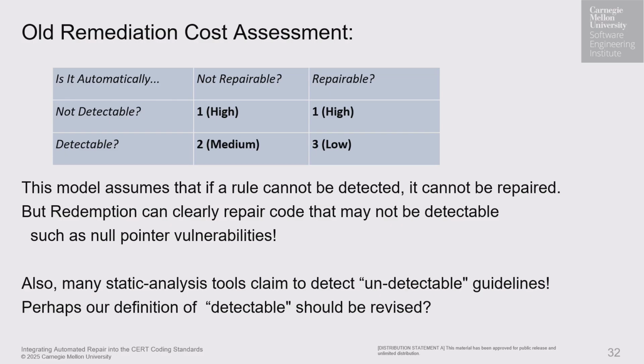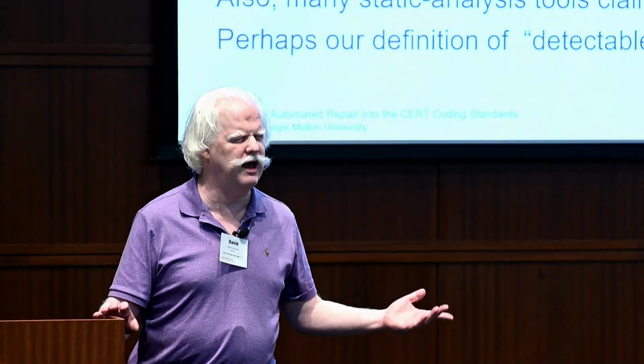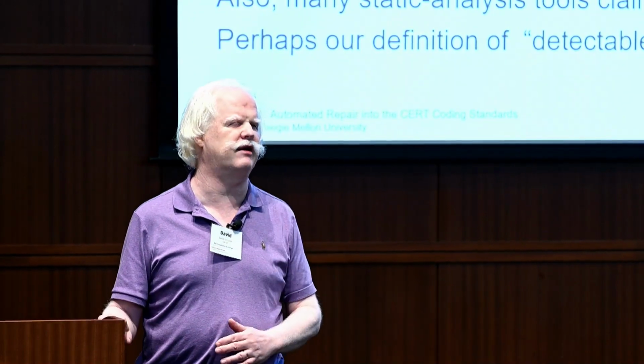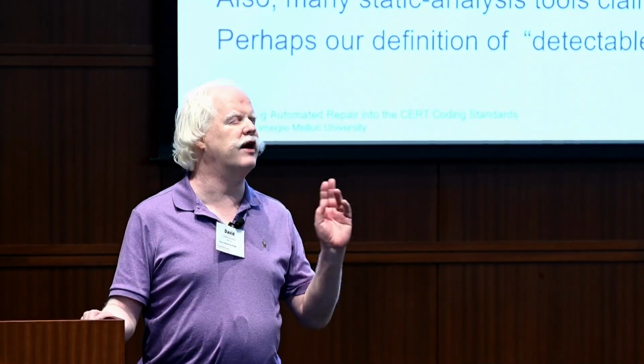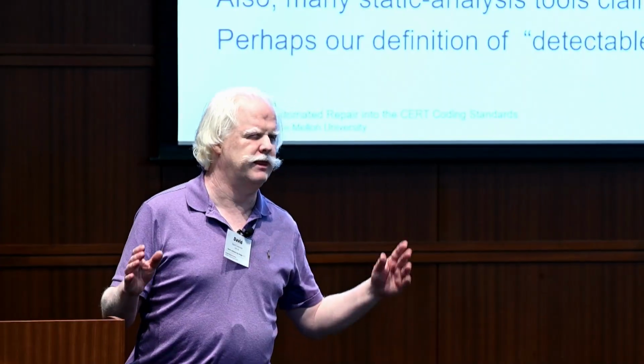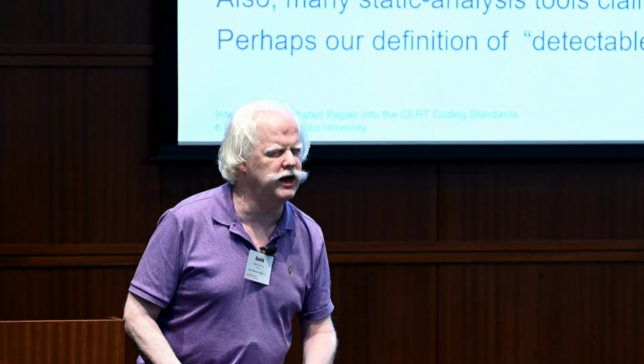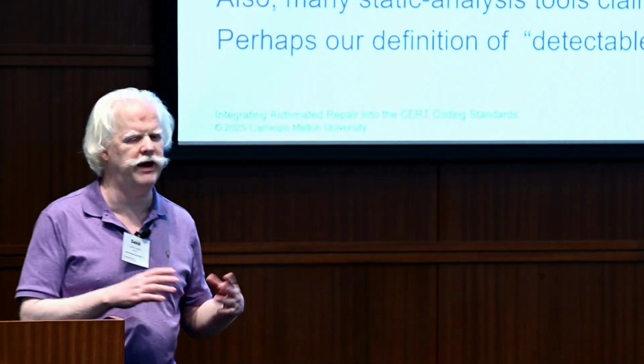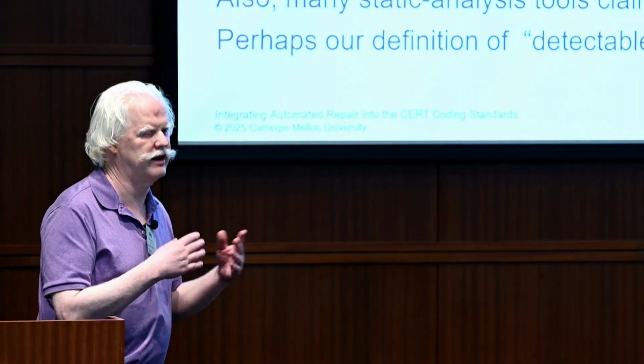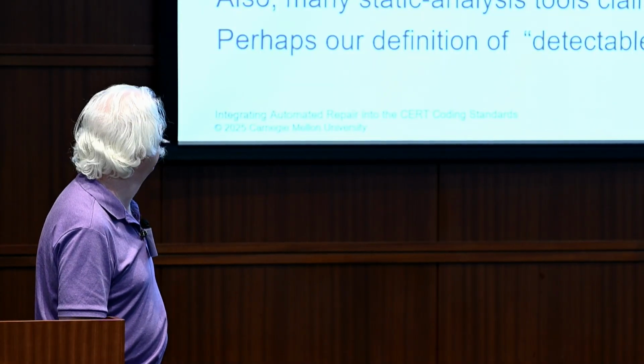And what we discovered is that in redemption, there are several rules that are repairable but not detectable. Null pointers is a perfect example. You can detect null pointers but not reliably. Every tool that I've seen that claims to detect null pointers either has false positives, they report null pointers when there aren't any, or false negatives. They fail to detect null pointers that actually can be dereferenced.